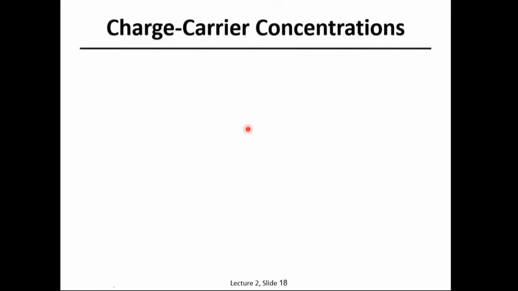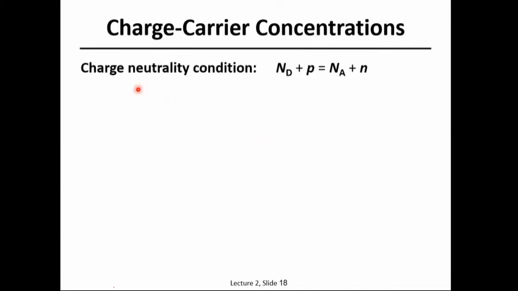Okay, charge carrier concentration. We will talk here about the charge neutrality condition. For intrinsic material, we know that p equals n because ND is 0 and NA is 0, if we are talking about pure silicon without doping, without a donor or acceptor.